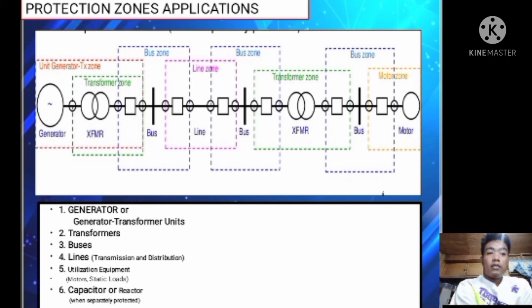Pangalawa, so transformer, buses, and also the lines or the transmission and distribution utilization equipment for motors, static loads, and capacitor or reactor when separately applied. Itong nasa baba, ito yung tinutukoy niya, yung schematic diagram ng generator. The bus zone and the transformer zone.